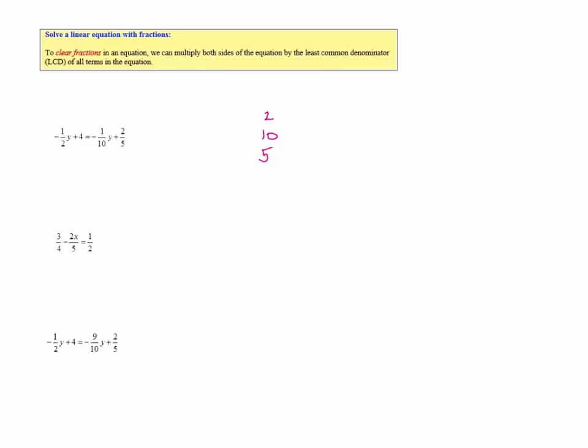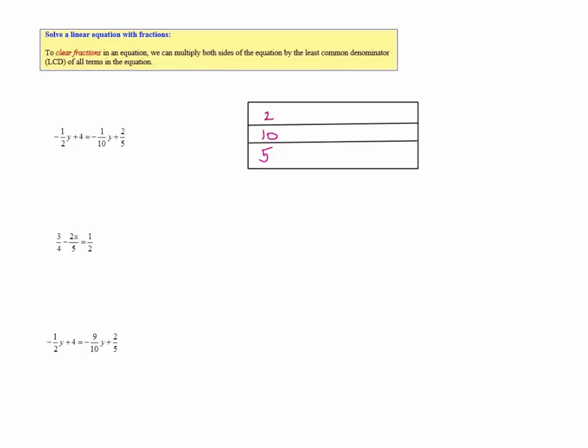Okay, if you don't know that right away, you can make a little chart here and break these numbers into their prime factors. 2 consists of 1, 2 here. 10 would be the same as 2 times 5, right? If you break 10 into its prime factors, it would be 2 times 5. And 5 only consists of 1, 5.